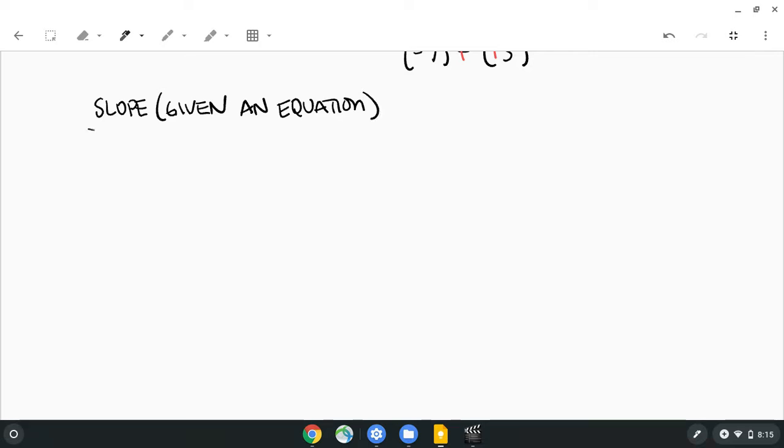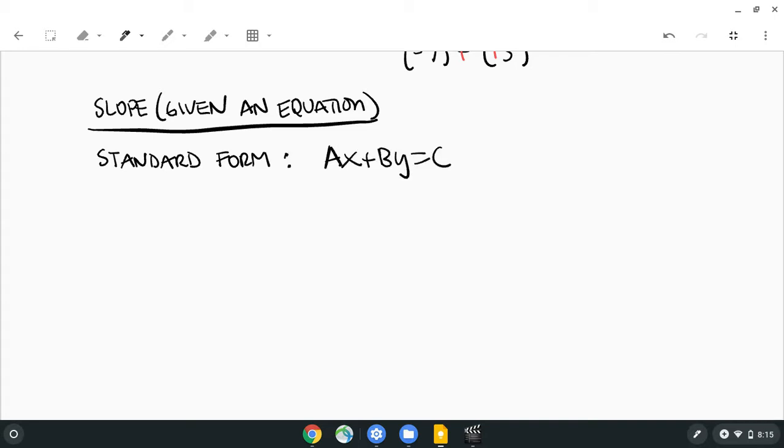Okay. So over here, if you recall from the last section, we said that standard form of a line was this, ax plus by equals c, right?